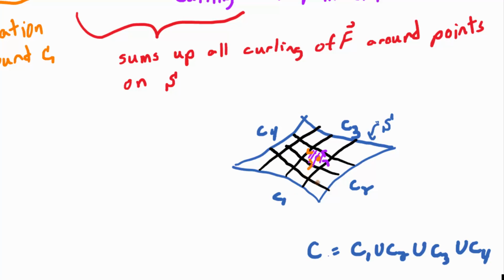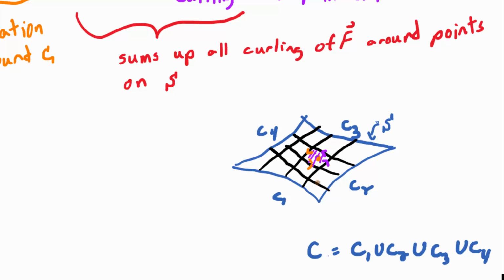And notice how I oriented that little boundary of that subpatch. As you look down on it, assuming that the normal vector points in an upward fashion, where k component's positive at least, then it's oriented positively, right?